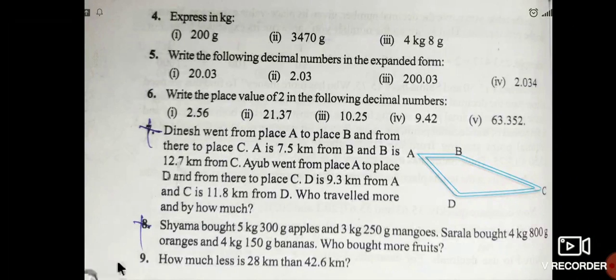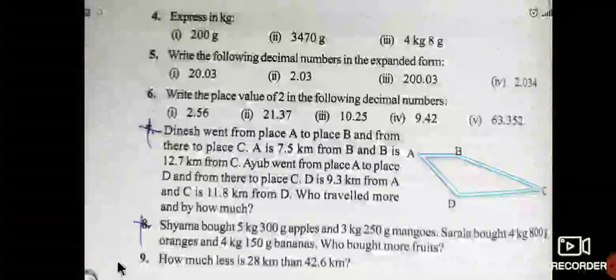The seventh, eighth and remaining questions are cancelled in this year's syllabus. Okay, we shall move on one by one.